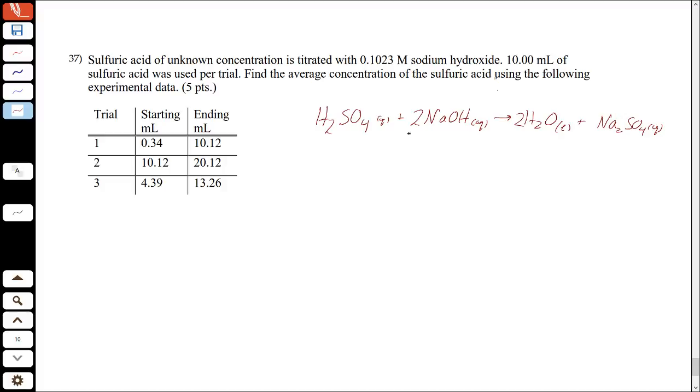So the ultimate concentration ends up being something around 0.05 molar. Is that right? Somebody got it right? Yeah. If you didn't get that ratio, then you got the final concentration to be more like 0.1 molar.